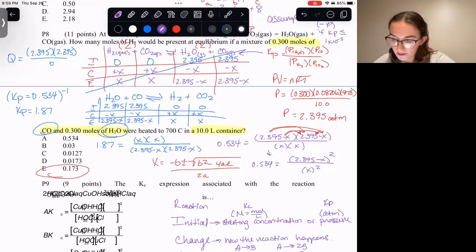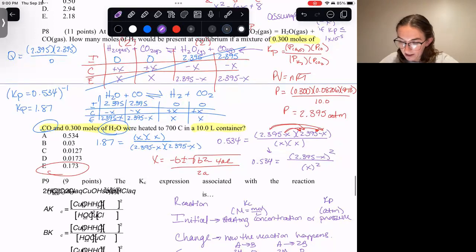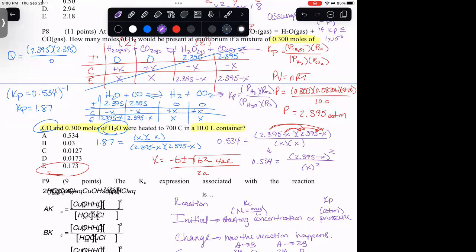The equation in purple, that is now products over reactants because you have H2O and CO as your products, and then H2 and CO2 as your reactants. If we were to write the Kp for this one, it would be pressure of H2 and pressure of CO2 over pressure of H2O and pressure of CO. Okay, so you don't necessarily have to start with the red one. No, nope.